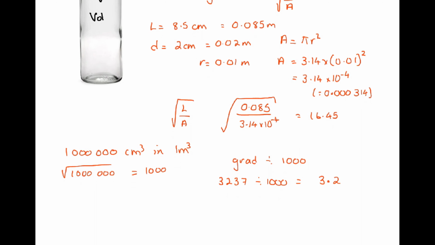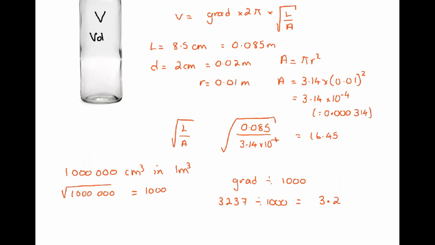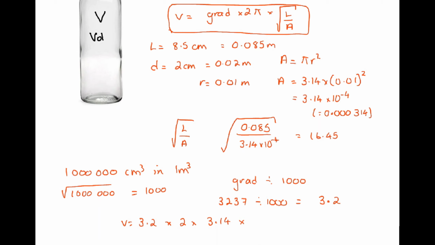So 3.2. So now, in this equation here, we're just going to put all the things we've got. So we've got 3.2 times 2 times pi is 3.14. And that thing there in the square root, we know came to 16.45.